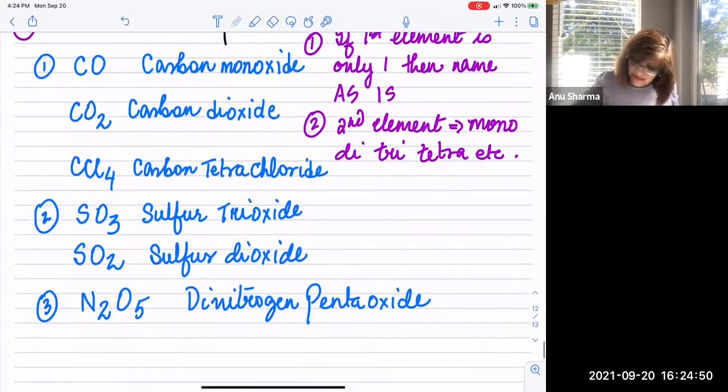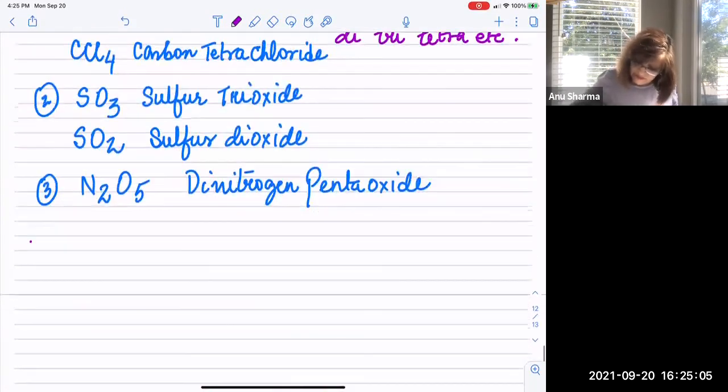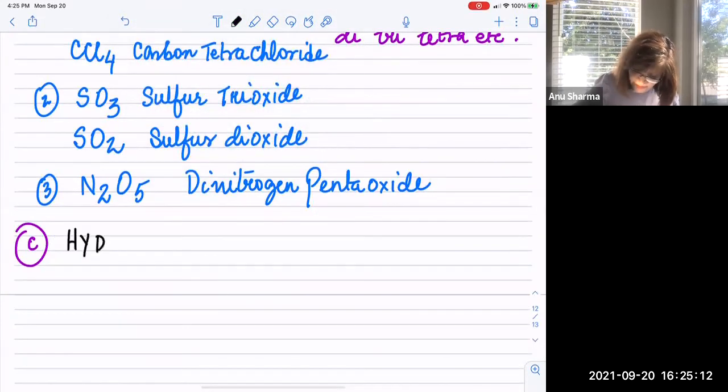Now let's look at the third piece. Next is C, and that relates to the hydrates. Hydrates means water molecules are attached to ionic compounds.